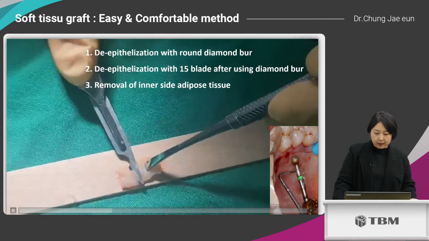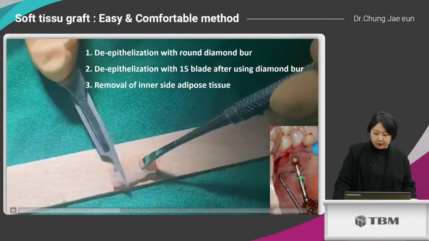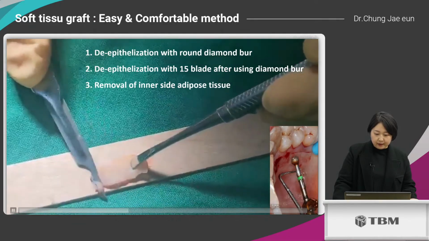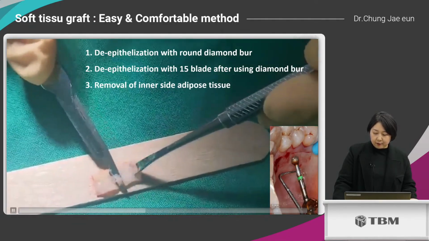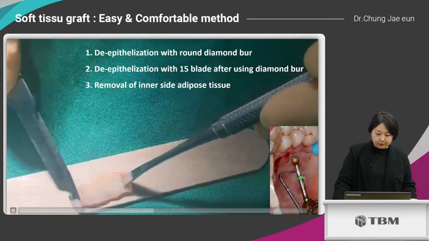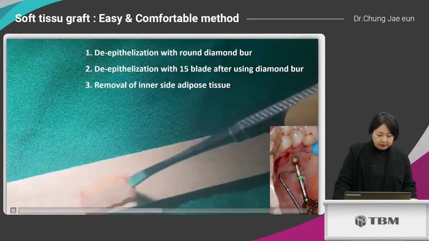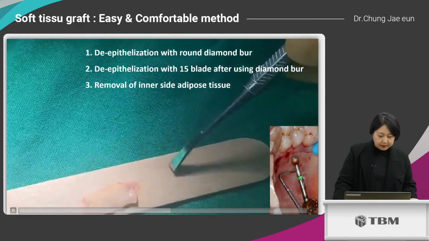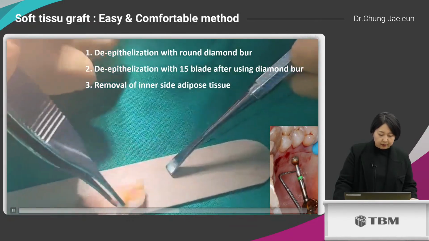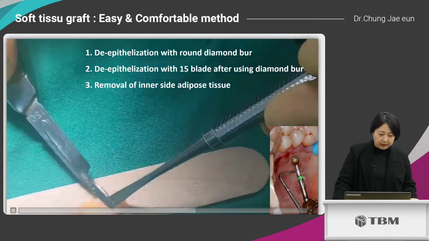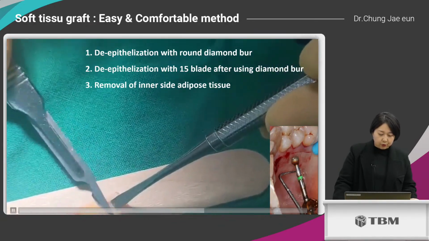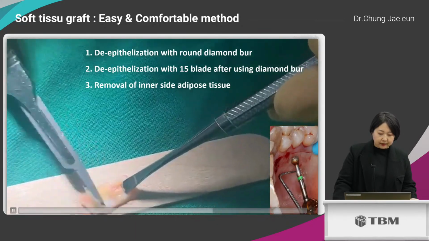In the first stage, I use a diamond round bur before graft harvesting, and then after graft harvesting, I use a number 15C blade also. After removing the epithelium from the outside of the graft, I have to remove the glandular tissue or fat tissue on the inside.